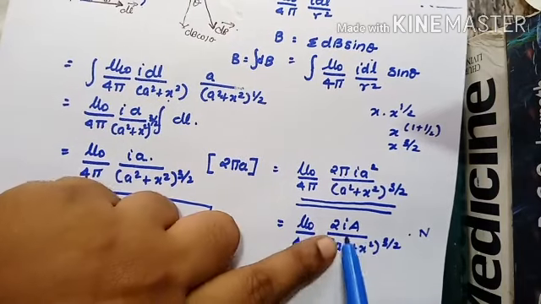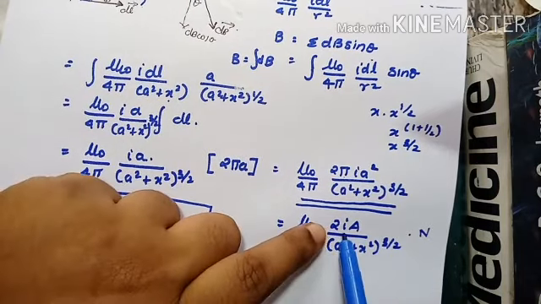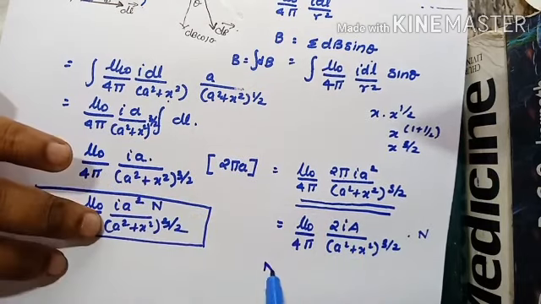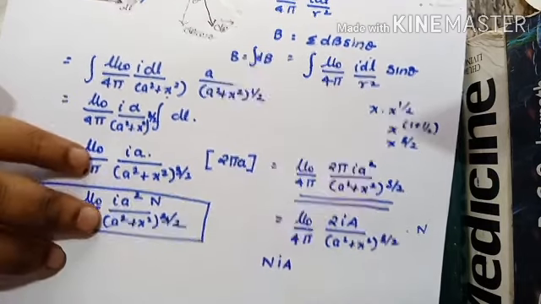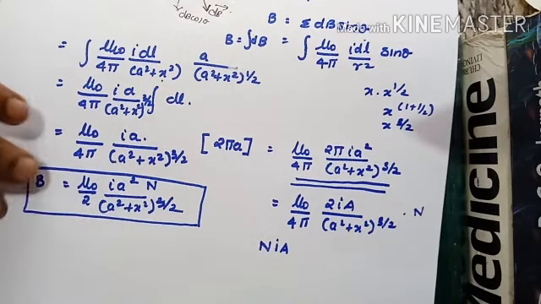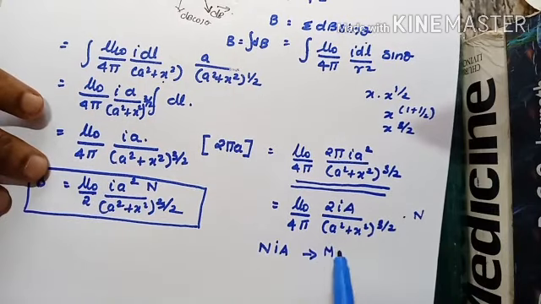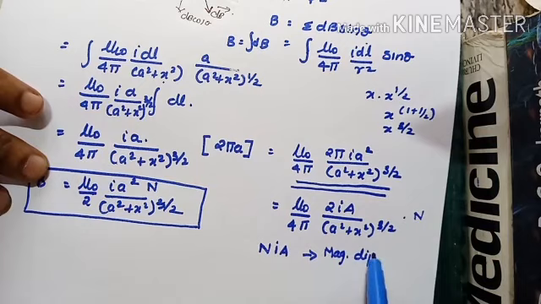Now we require this term. That's why I tell you. What is n into I into A? See, n into current into area of a circle or a coil. This is known as magnetic dipole moment.